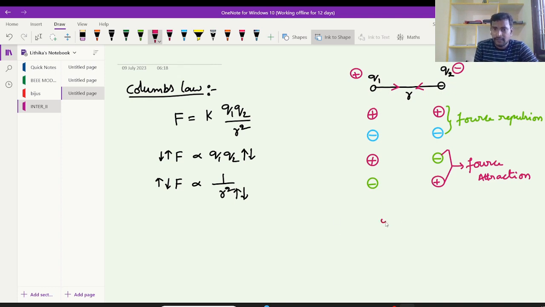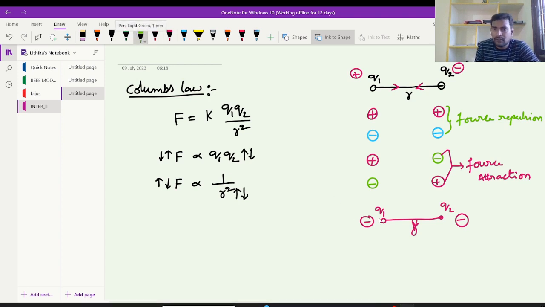Let me draw here. Let me take Q1, Q2 again, and this time I am taking both charges as negative. As both charges are negative, there will be a force of repulsion between them.